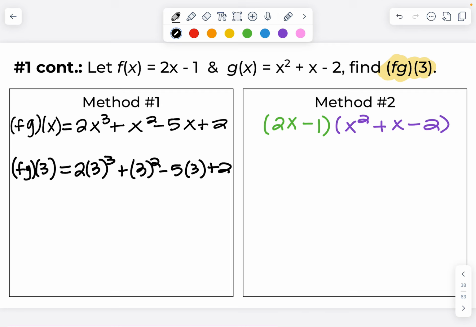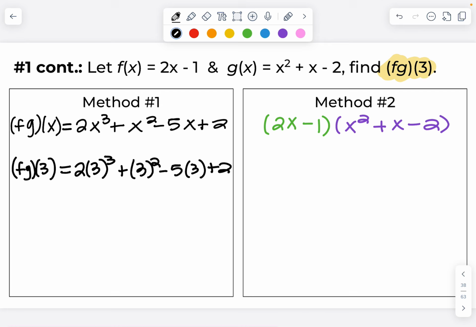So we can take what we get when we did the multiplication, and then from there we can just substitute the value in for x. Now this works really great when we have found f times g. You might not always know what f times g is.